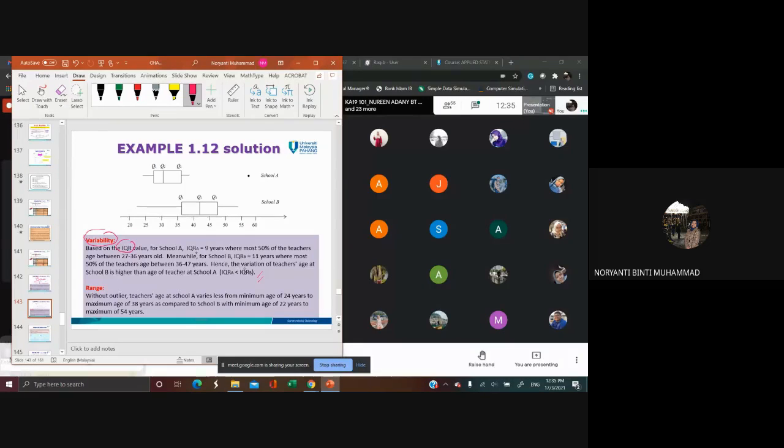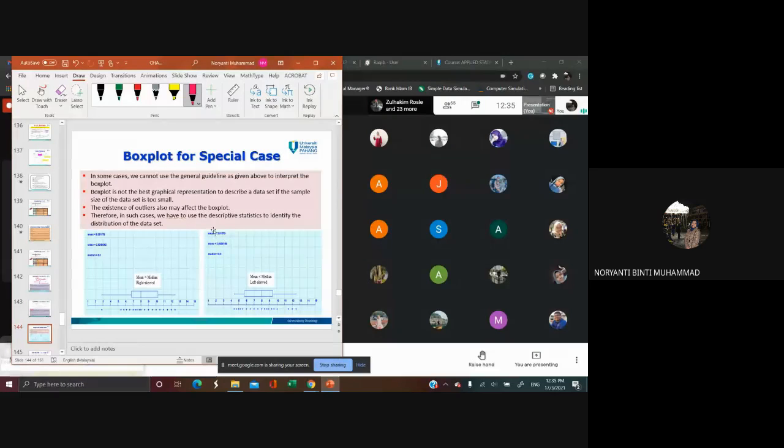You can see here the variation of teachers' age at school B is higher than the age of teachers at school A, because you can see that IQR A is less than IQR B. Or I can change this to which one is consistent or which one is dispersed as well. And then for range, you just look at the highest value minus the lowest value. So this one is similar for your assignment. You will consider this explanation to interpret your data set.